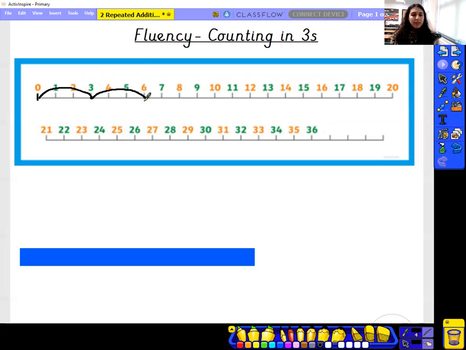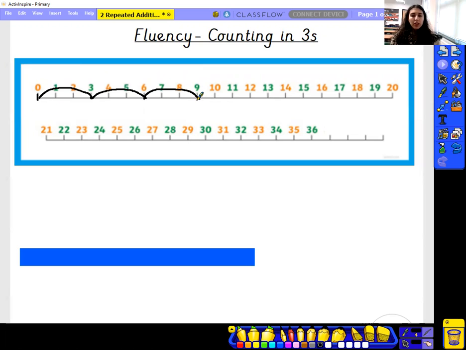Could you remember what comes after 6 when we count in threes? That's right, it's 3 more again, so that would take us to 9. So we're going to jump all the way from 6 to 9. So we've got 0, 3, 6, 9, and the last one is the one that I asked you to remember.